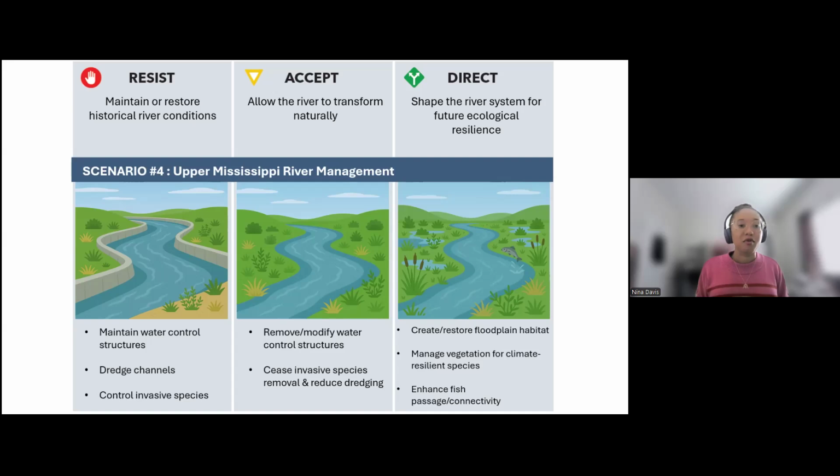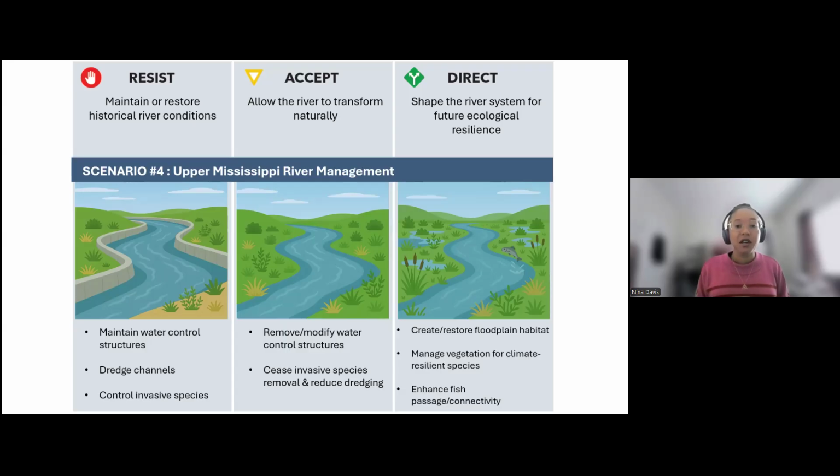The Upper Mississippi River management scenario actually was a situation where land managers did work to apply resist, accept, and directing. So the options that I gave you there were options that they considered and worked on applying. And I will share that resource at the end of this workshop in an email. But I just wanted to point out that this is an actual example of applying the RAD workshop, where the other ones were just simple scenarios.